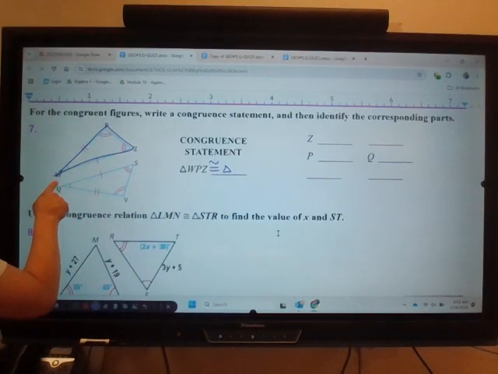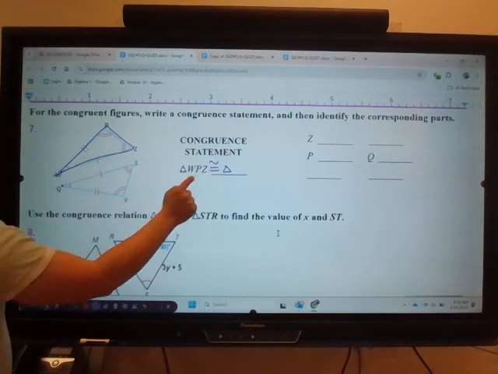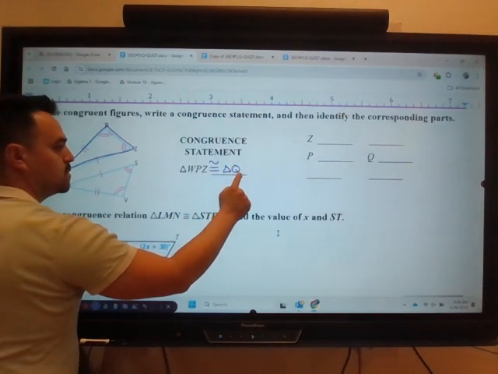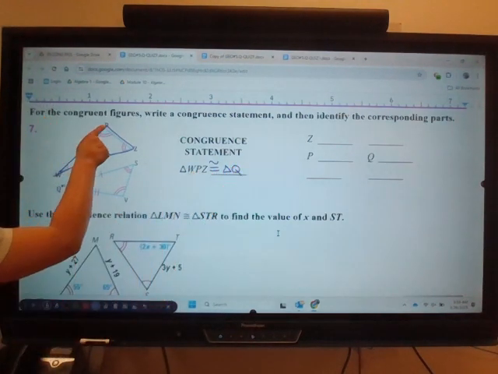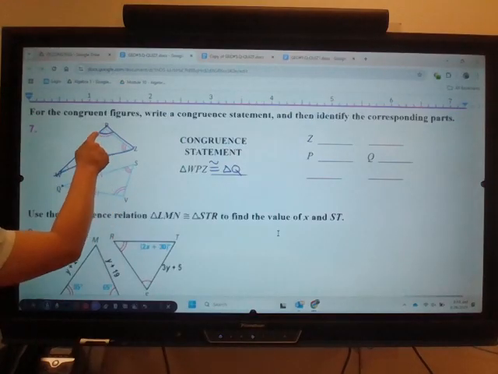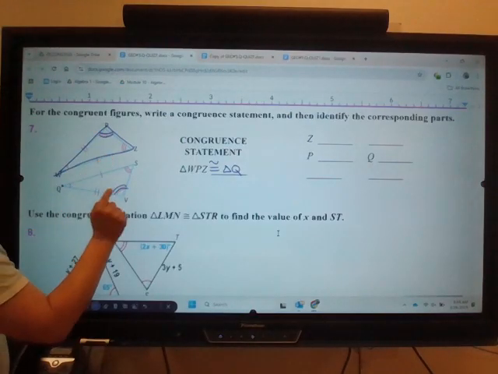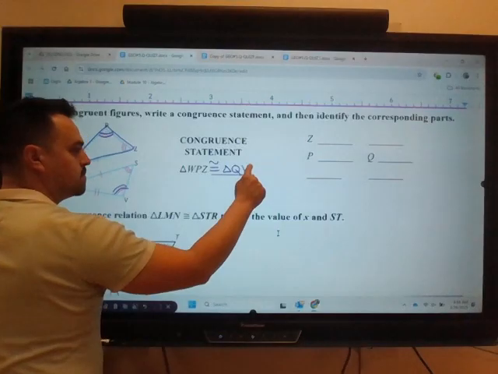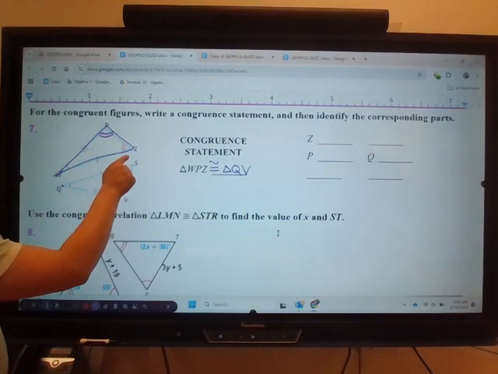Well, what's congruent to the W? The Q. What's congruent to the P? The V. And what's congruent to the Z?